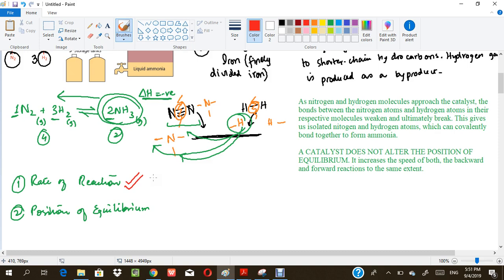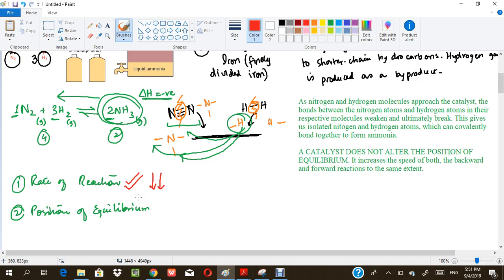But the problem is that if we decrease the temperature, which would increase the yield of ammonia, the rate of reaction would go down a lot, and this would slow down the reaction to uneconomic limits. Why?